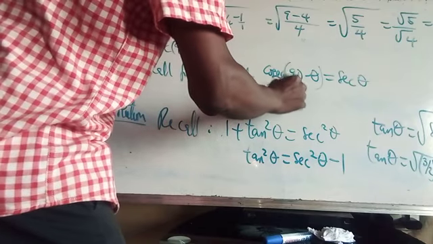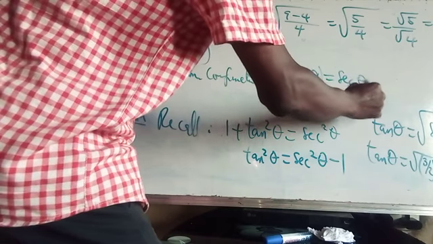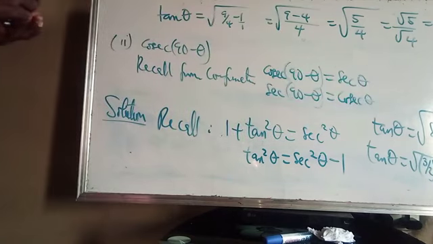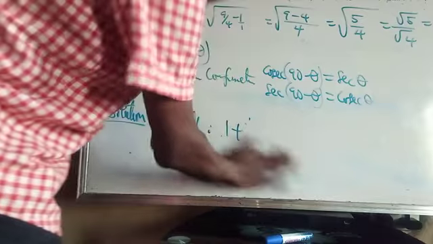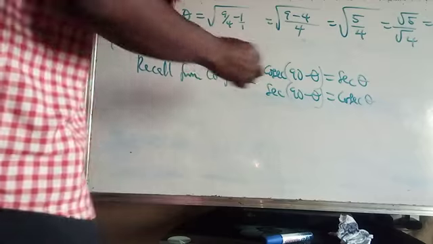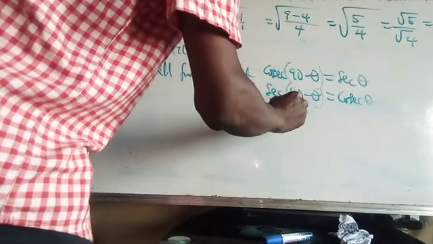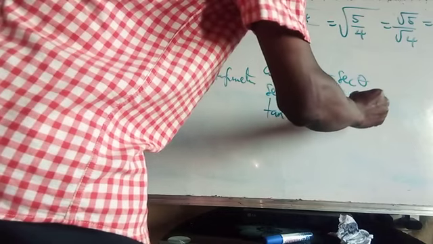Sec 90 minus theta is equal to cosec theta. You must know this offhand. These are co-functions in trigonometry. There are many of them like that. You can take notes. Then tan 90 degrees minus theta is equal to cot theta.